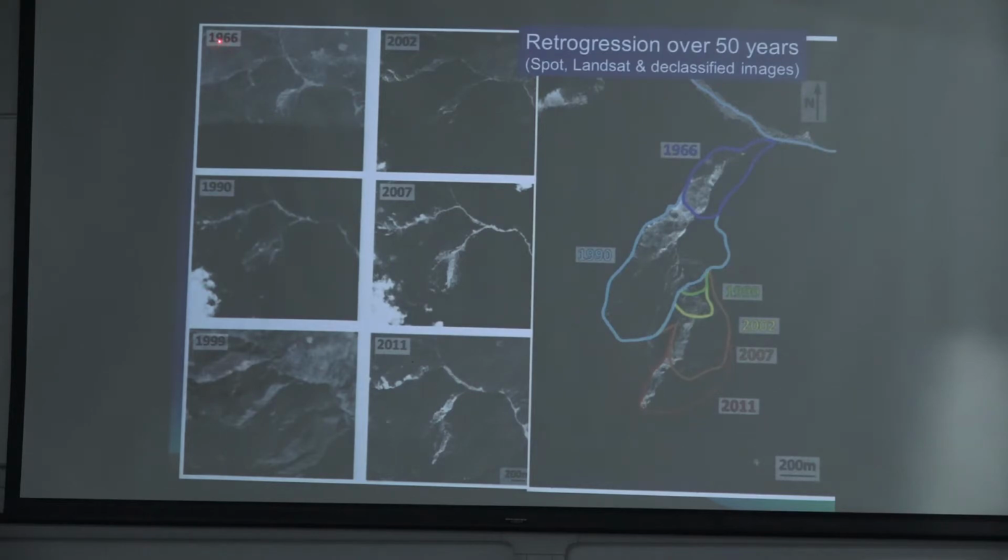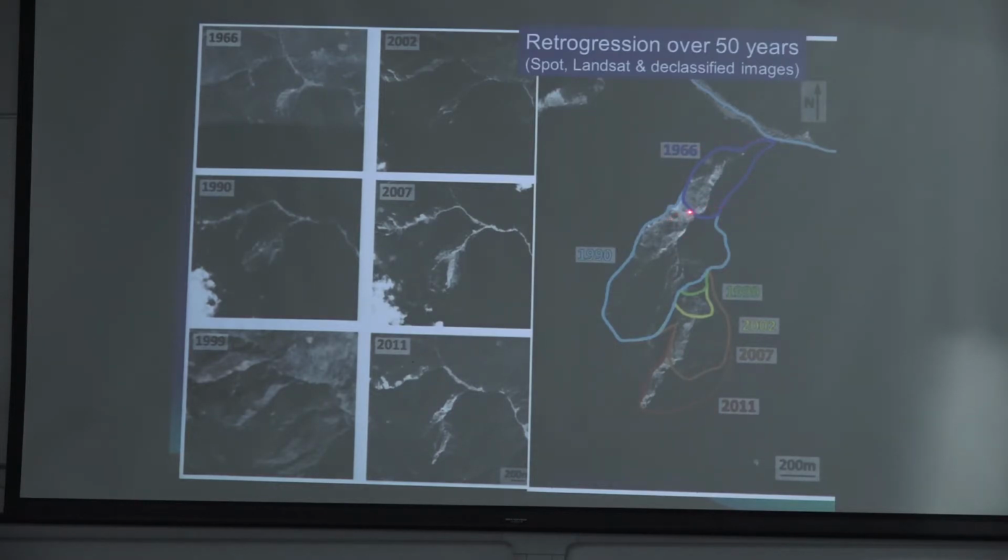Between a 66 aerial photo and a more recent satellite image in 2011, we can see the progression of the landslide that receded the talweg with small collapses by several kilometers in the direction of the crest.